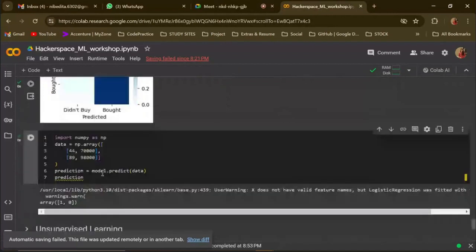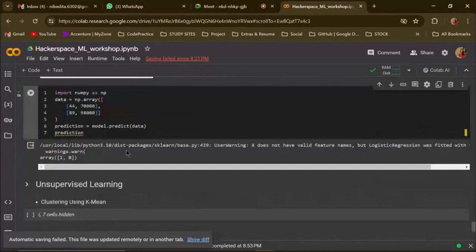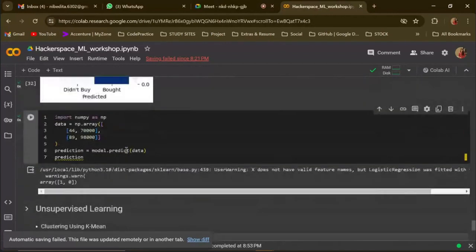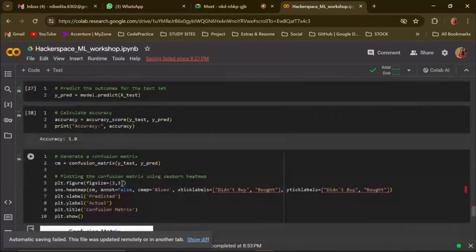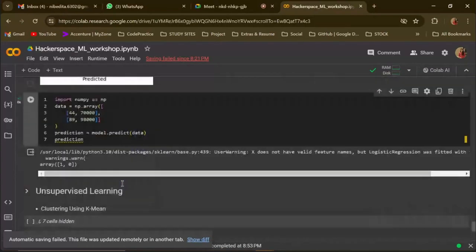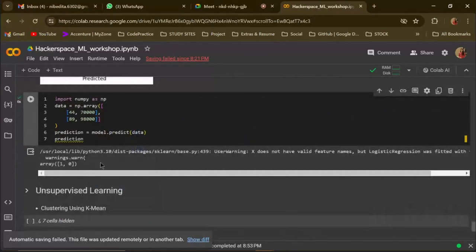So we cannot do anything about it. This is what the prediction is. The prediction is not satisfactory, but it is what it is. Even though the accuracy is showing as 100%, there is some mistake here.